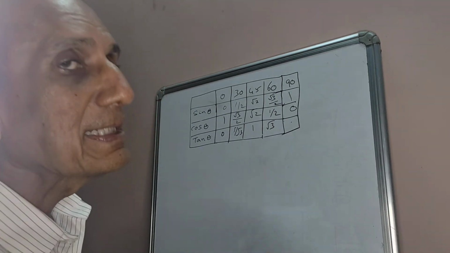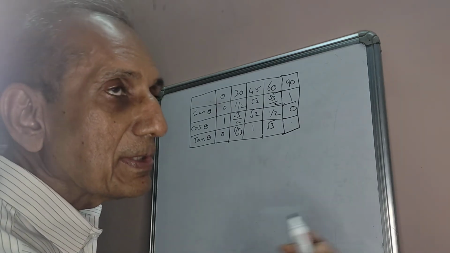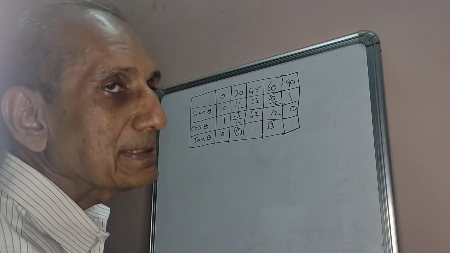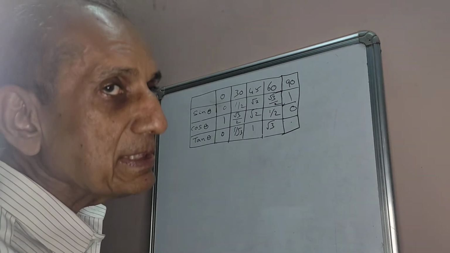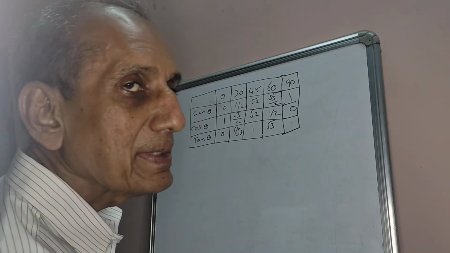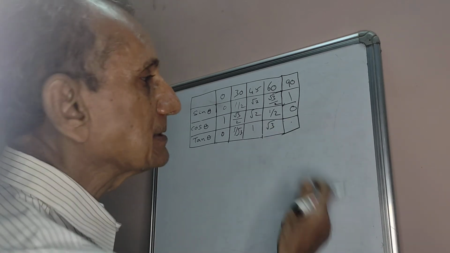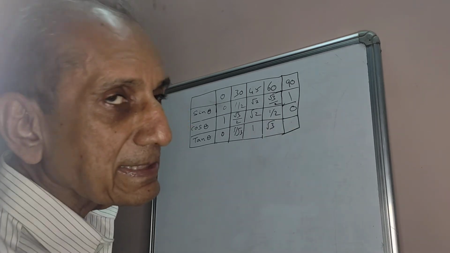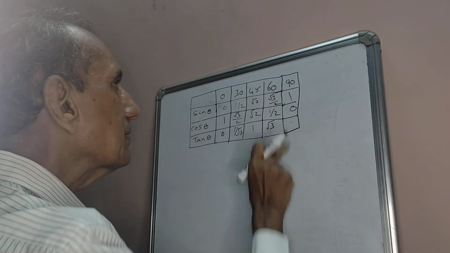Some books write it as infinity, because when the denominator is too small and the numerator is high, it is usually infinity, normally in physics. But mathematically they say this is not defined. So some books write not defined, some books write infinity.